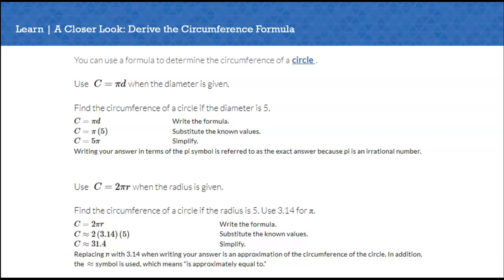If we were using the radius, we could say c equals 2 pi r. When given the radius, we would say 2 times 3.14 times 5, if, in this case, 5 was the radius instead of the diameter. Notice here we used 3.14 for pi, and we got an approximate answer. These squiggly lines mean approximately equal to the circumference.